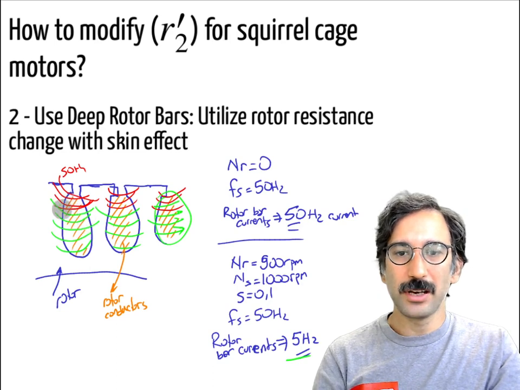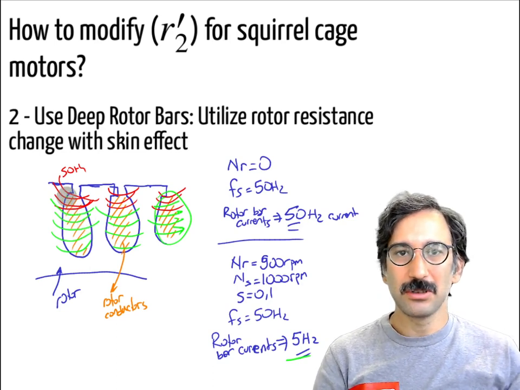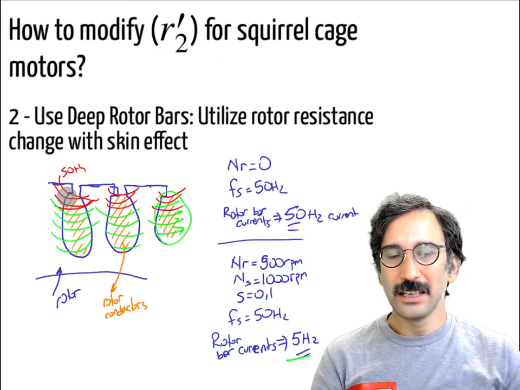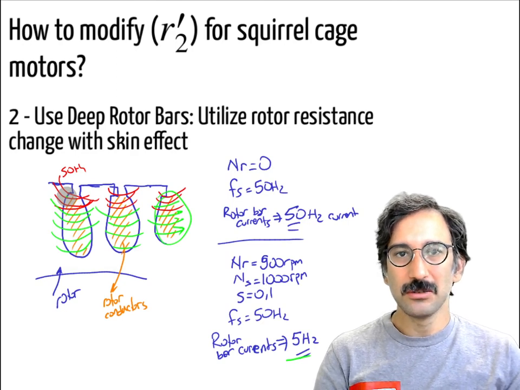Then if you compare the area of the red and the green ones, you can see the equivalent area in the green is higher, so that means the resistance will be less.